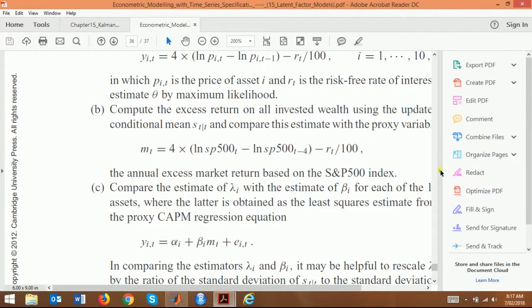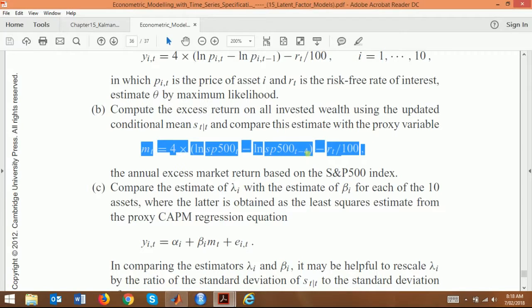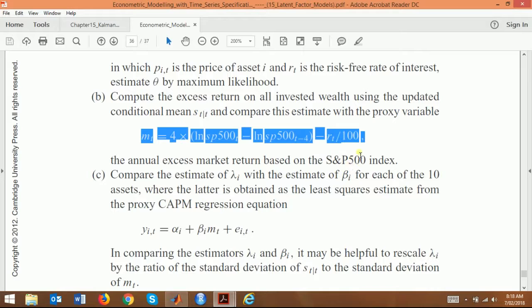Here, right? Excess return: compute the excess return on all invested using the updated conditional mean, is exactly the same as before. Updated conditional mean and compute the estimated proxy variable, so it's exactly the same.